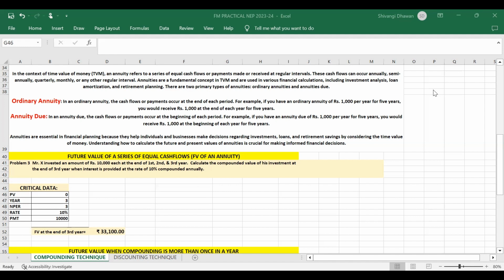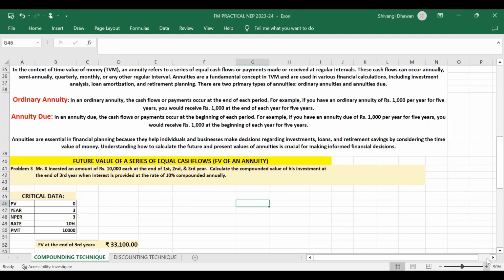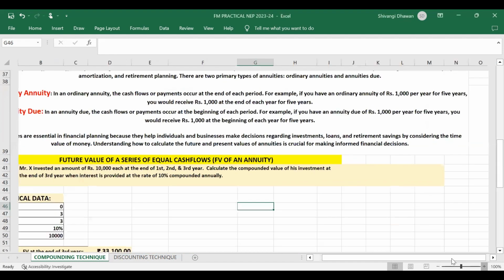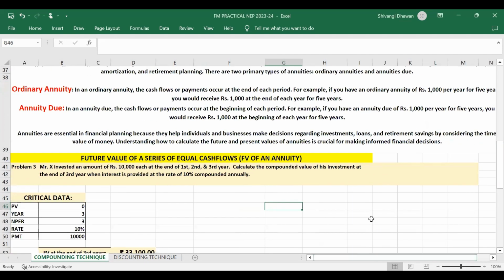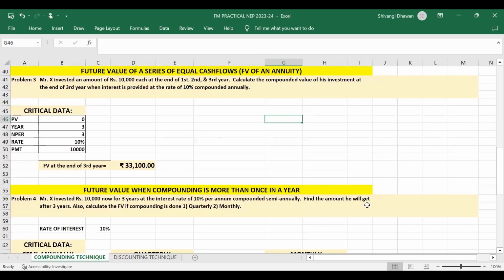So, we have a problem. Mr. X invested an amount of rupees 10,000 each at the end of first, second, and third year. Calculate the compounded value of his investment at the end of third year when interest is provided at the rate of 10% compounded annually.